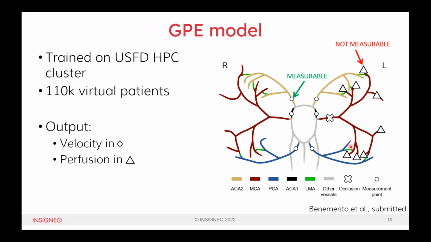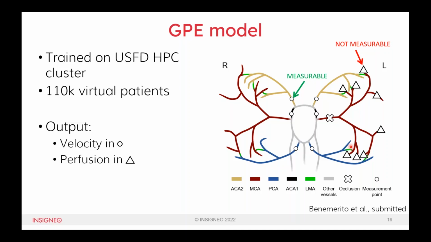So the mechanistic part forms the basis for our statistical model. Now we want to describe a large population of stroke patients. So we needed to generate a large population of stroke patients, of course, and we generated 110,000 virtual subjects.